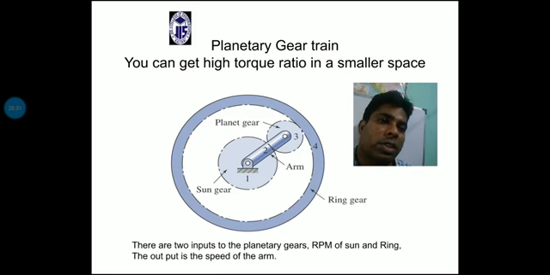From that, we can draw up a table to calculate the gear ratio or speed ratio, found out in tabular form. This type of problem you can easily solve. Sun and planet gear problems you can easily solve if you apply the two methods.